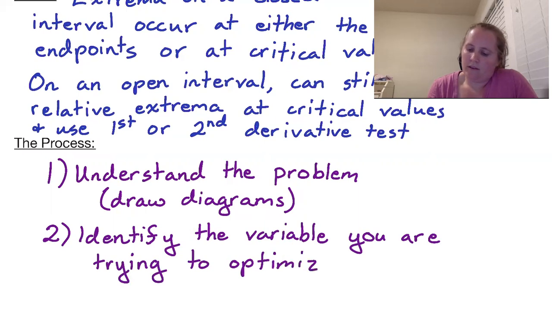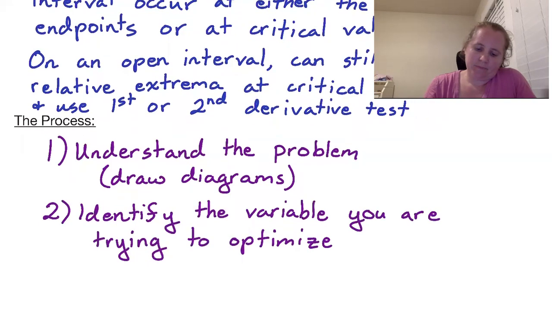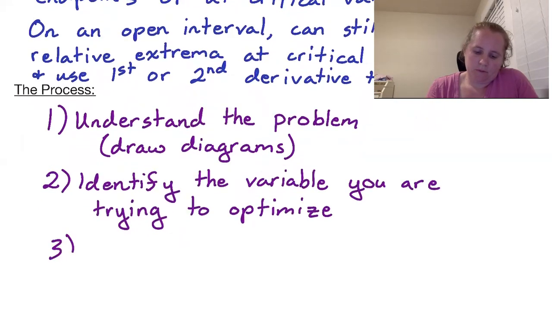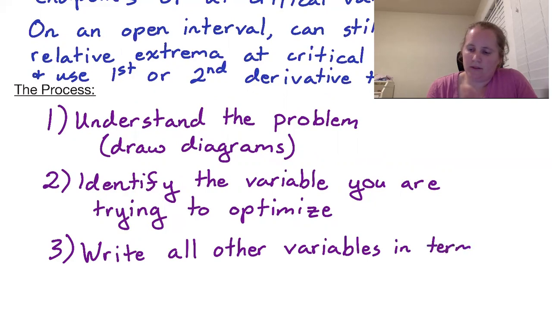And then you should be able to write all of the other variables in the problem in terms of just one variable using information from the problem statement. So write all other variables in terms of just one variable.